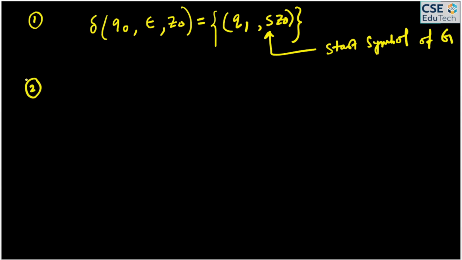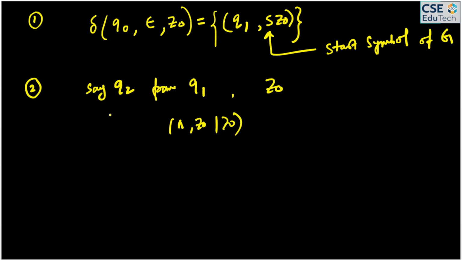And number two, the final move to accept: we say that Q2 is the accepting state, reached from Q1, where the stack is empty except G0. Clear? That means we can also say the stack is empty except the topmost symbol G0.